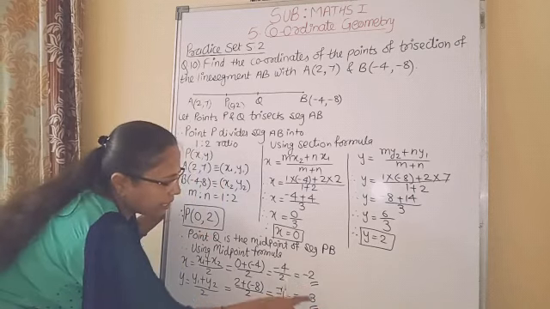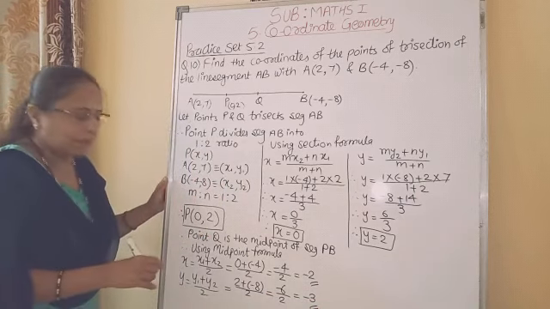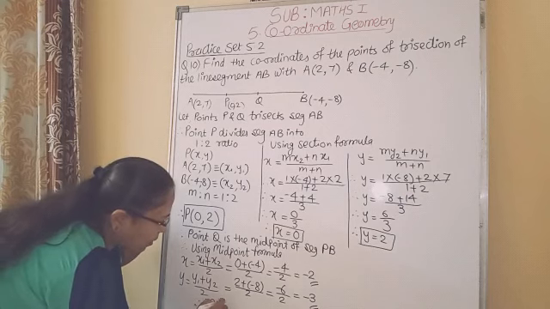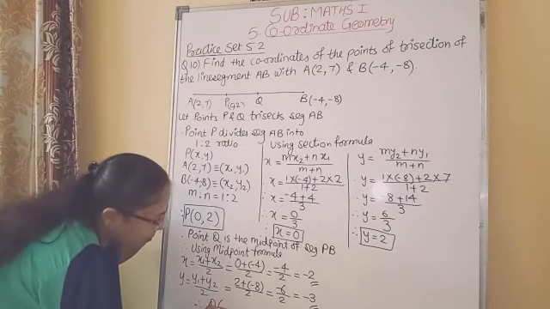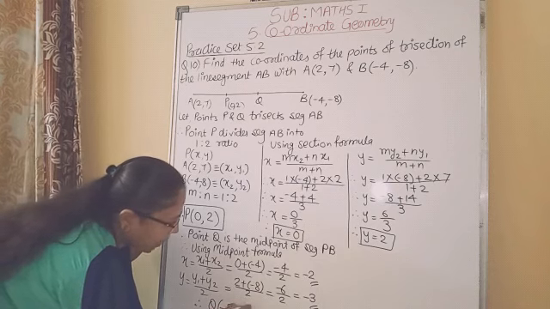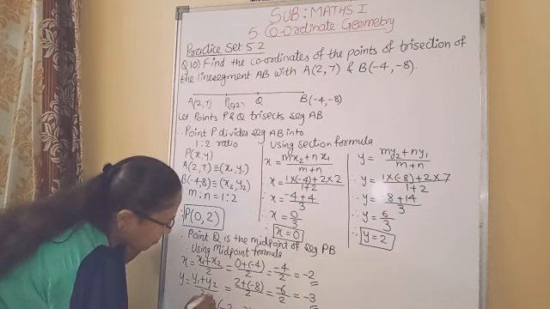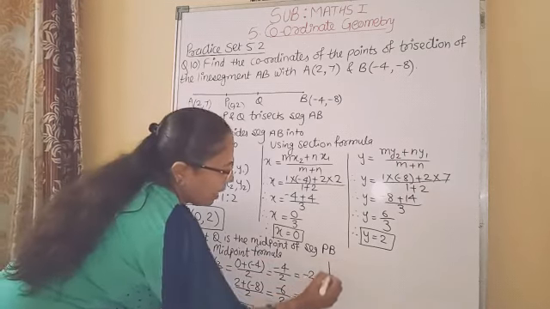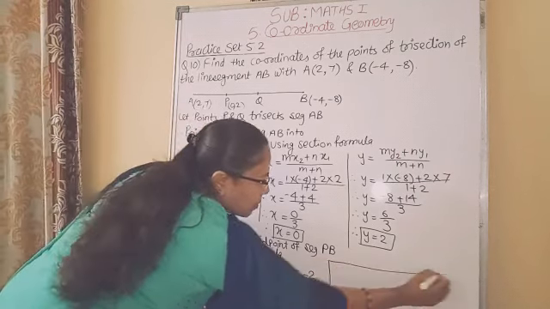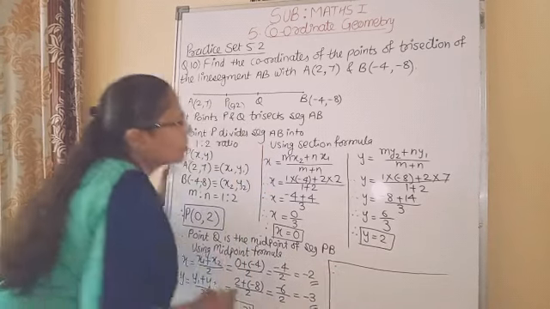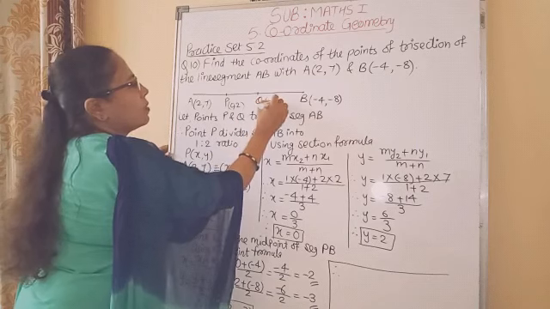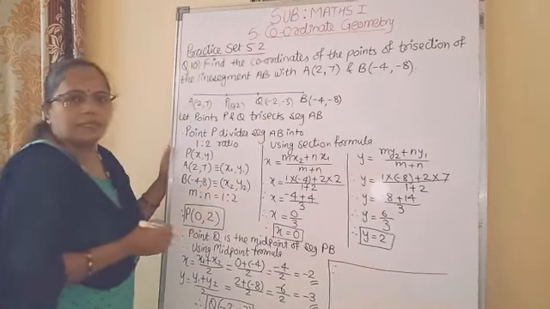So the x coordinate is minus 2, the y coordinate is minus 3. So we will write the answer: therefore, coordinates of point Q are minus 2, minus 3.